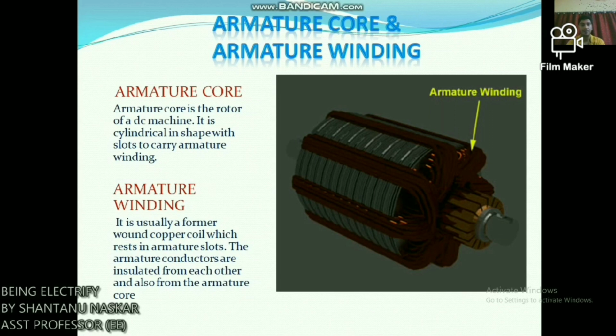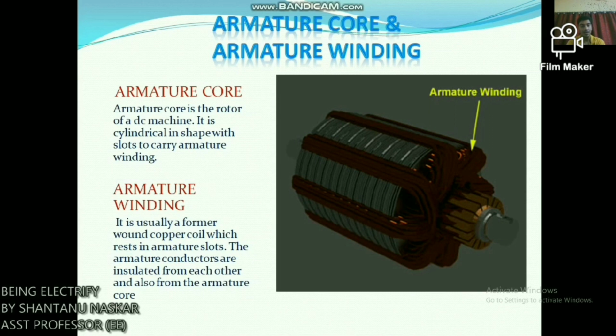Then the armature winding. These are the armature windings. You all know this. It is usually a former wound copper coil which rests in armature slots. The armature conductors are insulated from each other and also from the armature core.